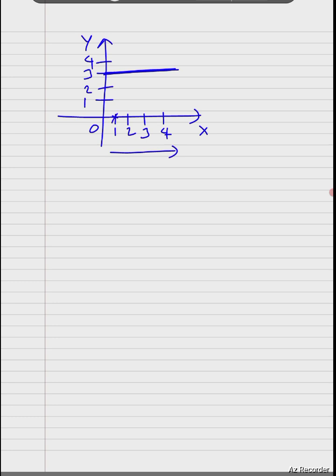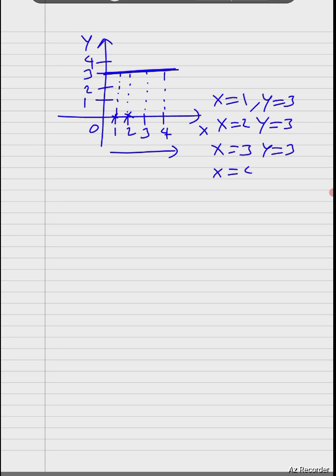At x equal to 1, what is the y value? It is 3, isn't it? At x equal to 2, what is the y value? It is again 3. At x equal to 3, what is the y value? It is again 3.